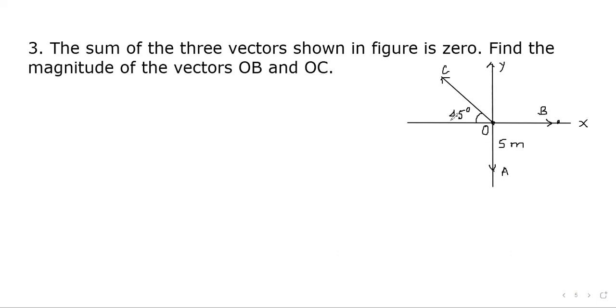So if the sum of three vectors is 0, it means the x components and y components will each be equal to 0 separately. So consider the x component.